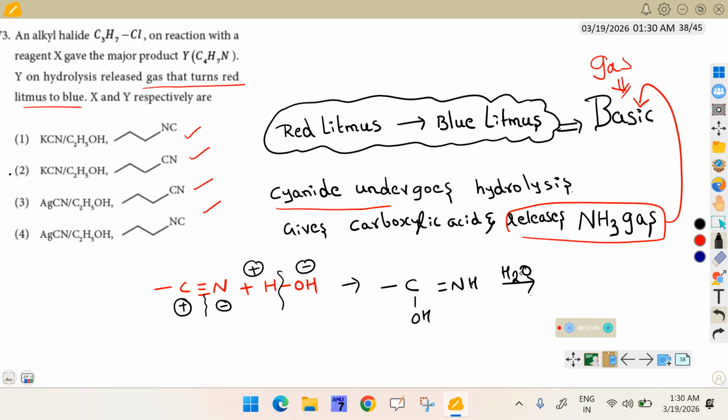So H2O dissociates like 2H plus and O2 minus and it gives COOH. In the previous video, I already explained how. C3H7Cl reacts with reagent X to give C4H7N. Based on that, the second option is the correct option.